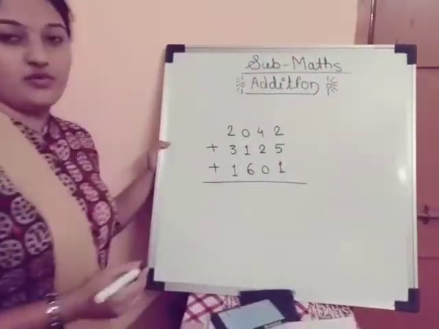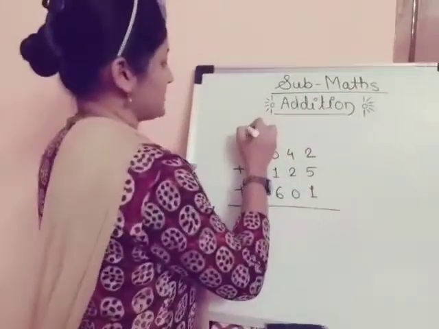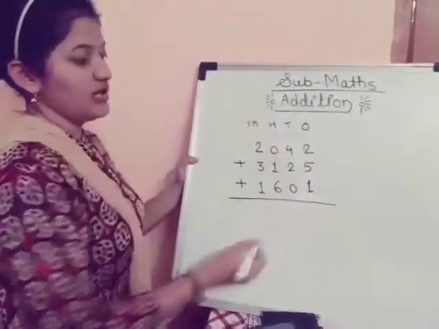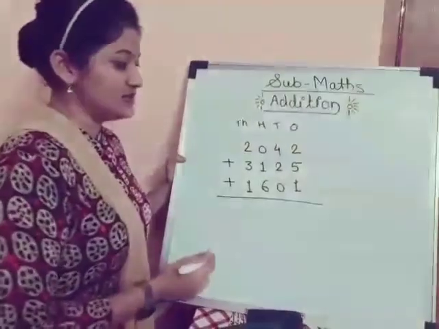These 3 numbers you have. I have already arranged these numbers according to their place value: 1000, 100, tens and ones. If you arrange this way, it will be easy for you to add the numbers.